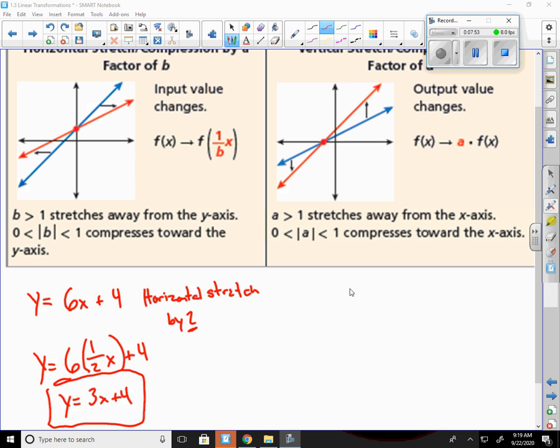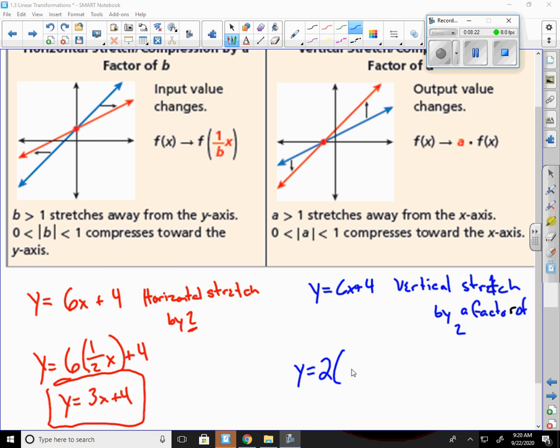If I had had the same equation over here, y equals 6x plus 4, and I said it was a vertical stretch by a factor of 2, that would mean that I would take this equation and it becomes y equals 2 times 6x plus 4.